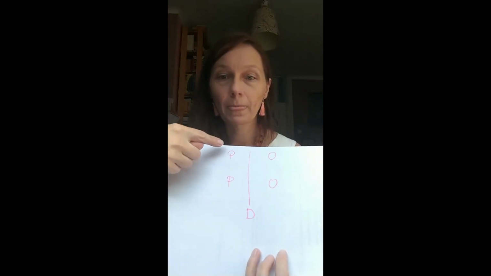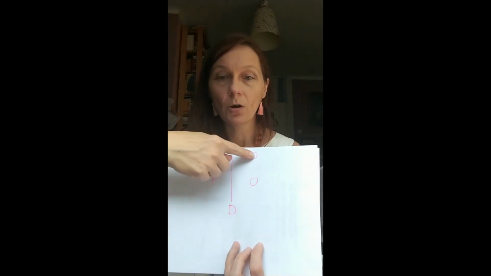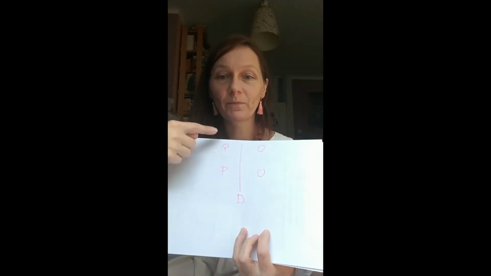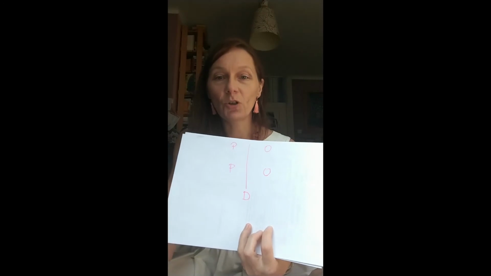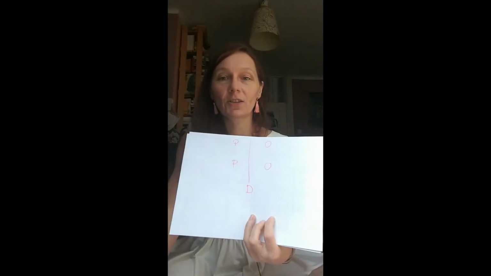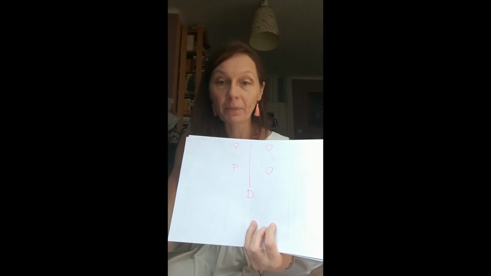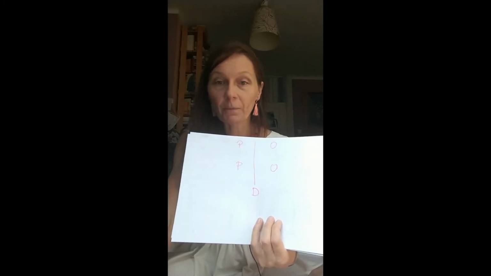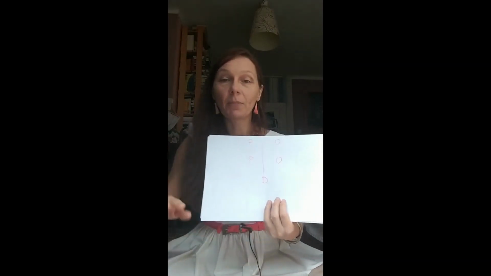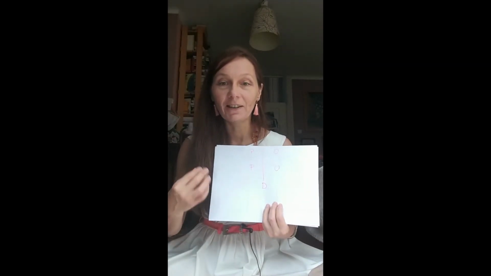It's like that: P-P-O-O-D. In Polish, it makes pod, which means under, but it's just a shortcut that is easy to remember. This is Polish, but I will show you in English; in Latin it would be similar, but you will not find it anywhere. That's my invention.